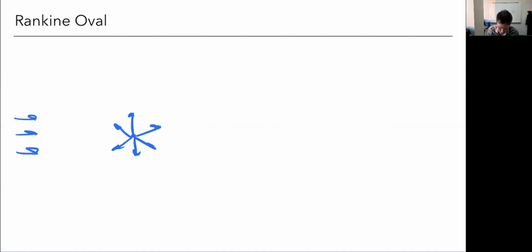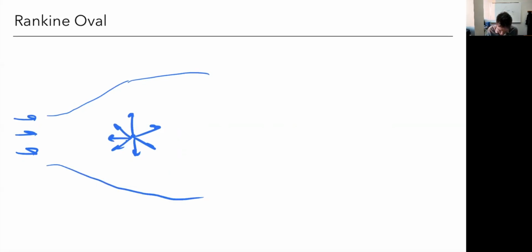So if we were to draw these streamlines, we could think that perhaps they kind of come around. The source is going to kind of push it around. It's going to kind of go like that. And indeed, it will do something like that. But let's think about what happens right here on the center line, right? If I drew a line that goes right to the center of this source.